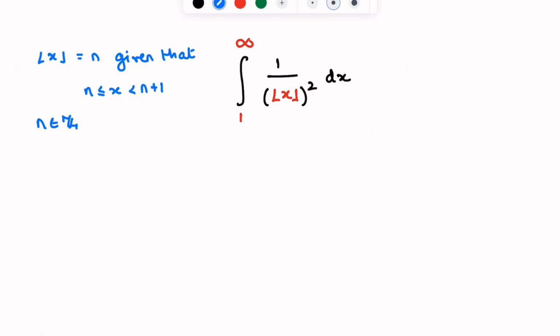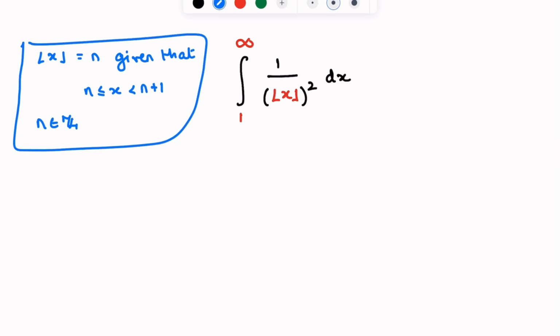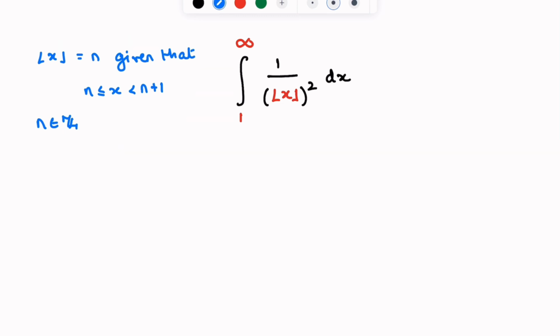So now, how can we go about doing this integral? Well, this definition is our biggest superpower in working this integral out, because we know that this floor function is equal to n whenever x is between n and n plus 1. So what we can do is a very clever thing, which is to split this integral up into a bunch of different integrals.